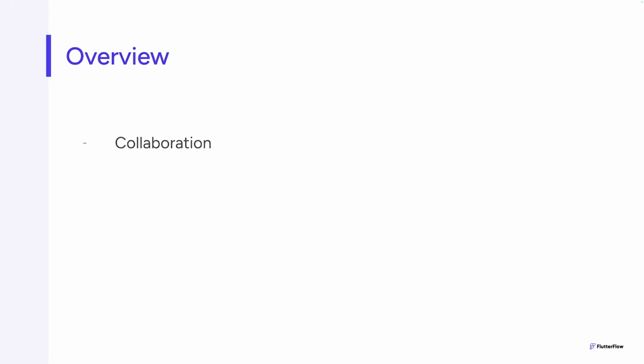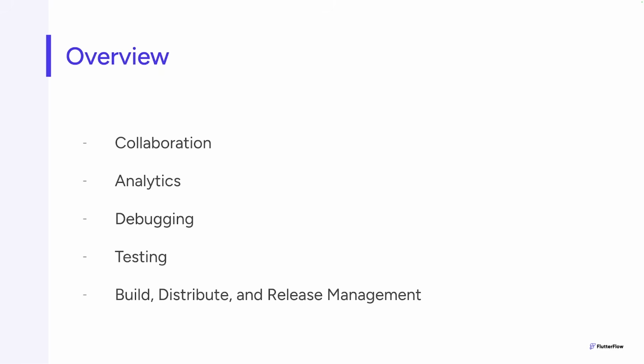Then we will go through the concept of collaboration and analytics, followed by debugging and testing your applications. And at the end of this module, we're going to go through the build, what it means, distribute, what it means and how it works, and also release management.